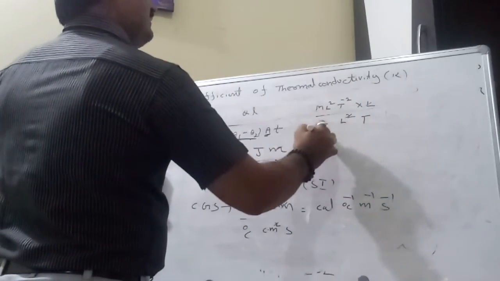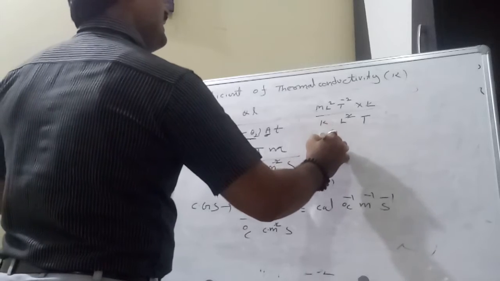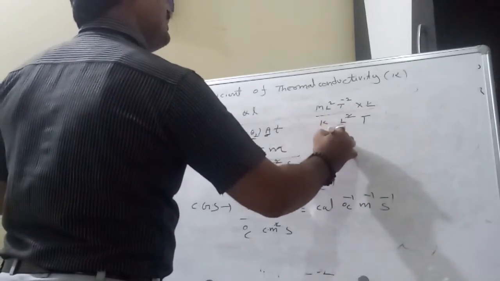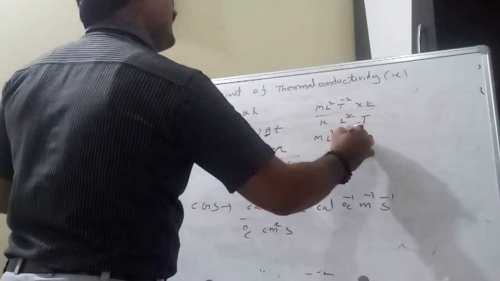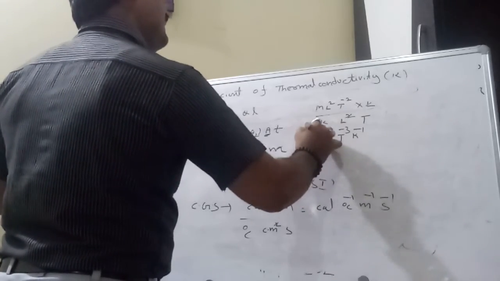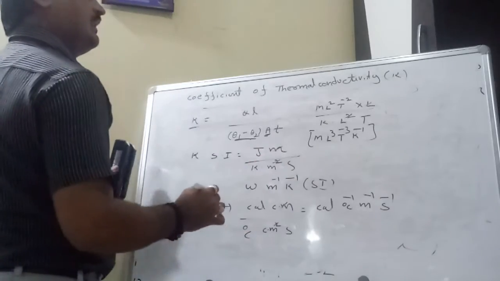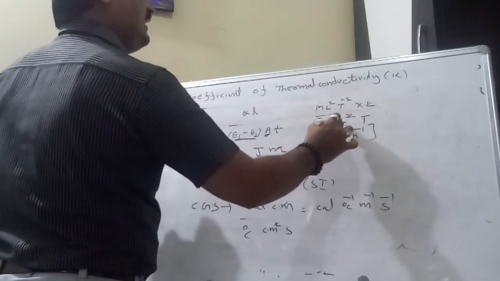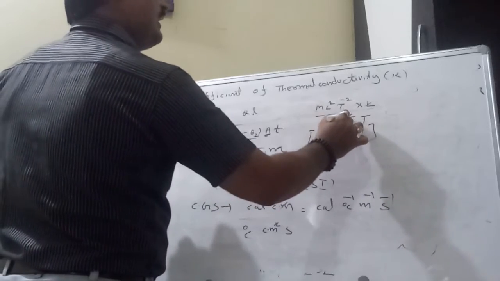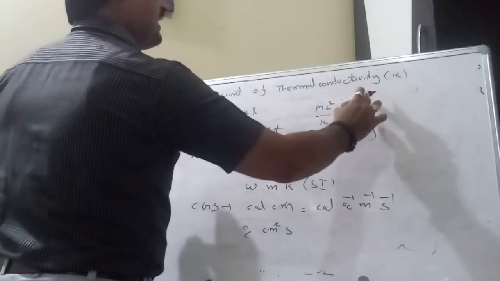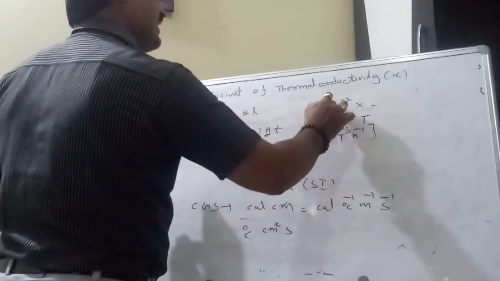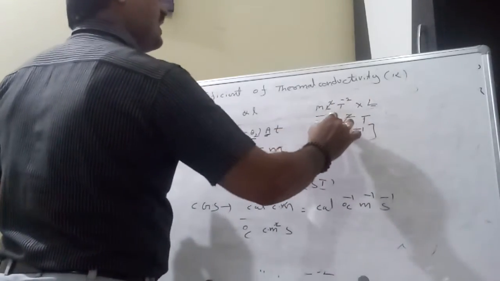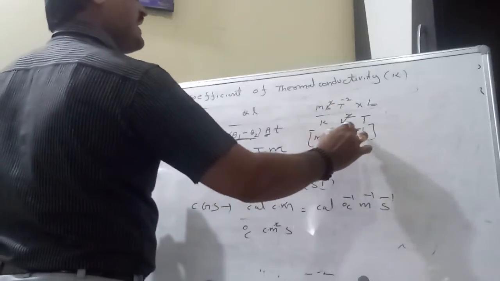L cancels, L square cancels, giving M L T minus 3 K minus 1.